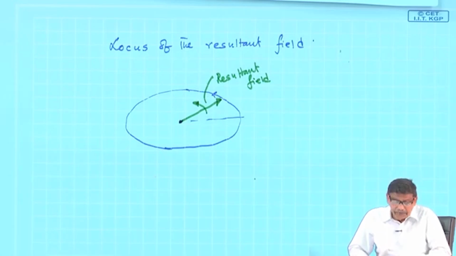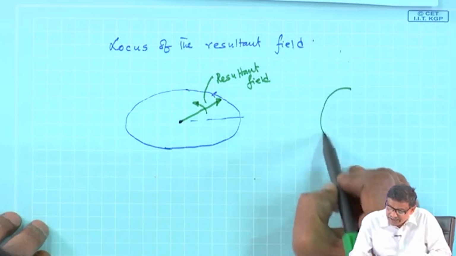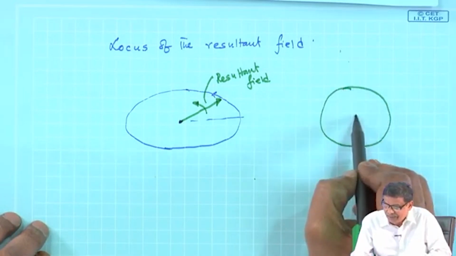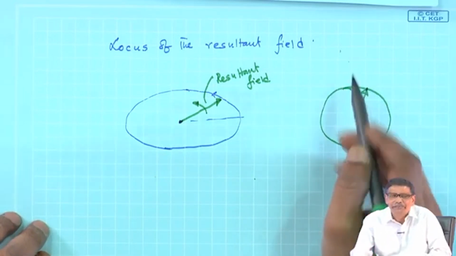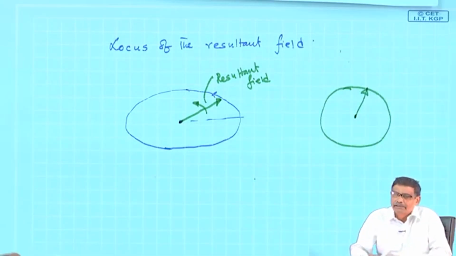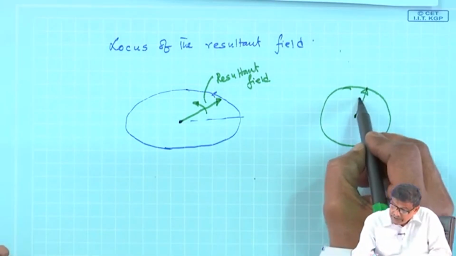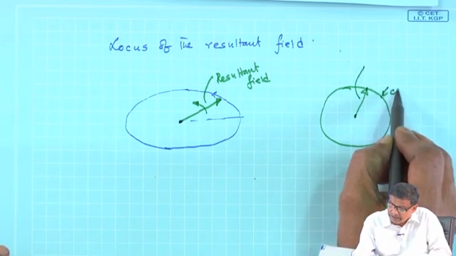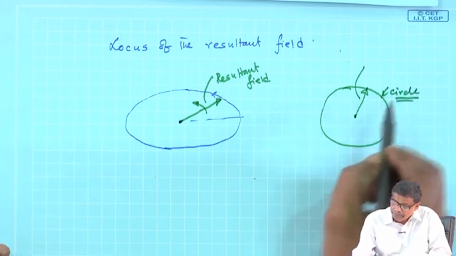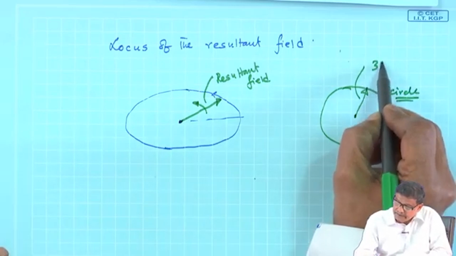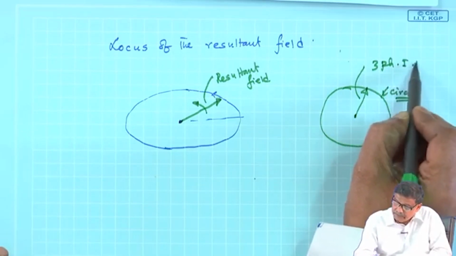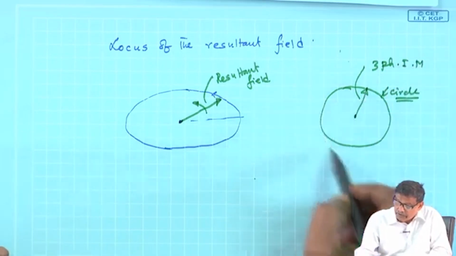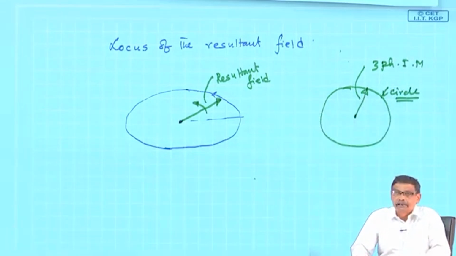In case of a 3-phase induction motor, the resultant field was lying on a circle of constant amplitude 3/2 M max. In the 3-phase induction motor, it was a circle. The strength of the rotating field was constant at all times.